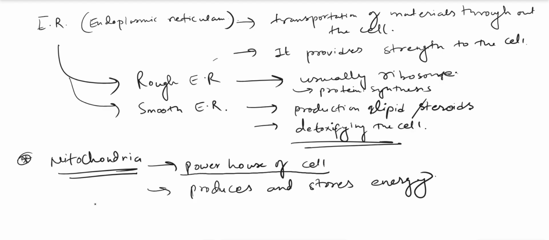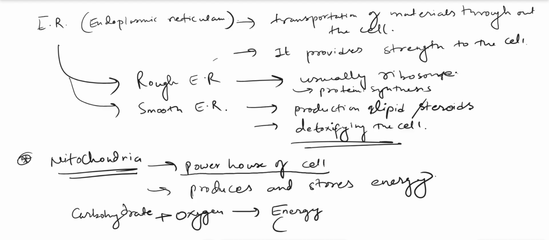So in the mitochondria, oxidation will start. The nutrients of the food, like carbohydrates, when they react with oxygen, release energy in the form of ATP.